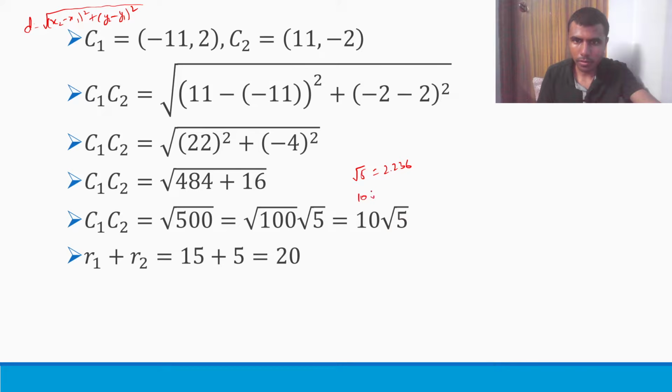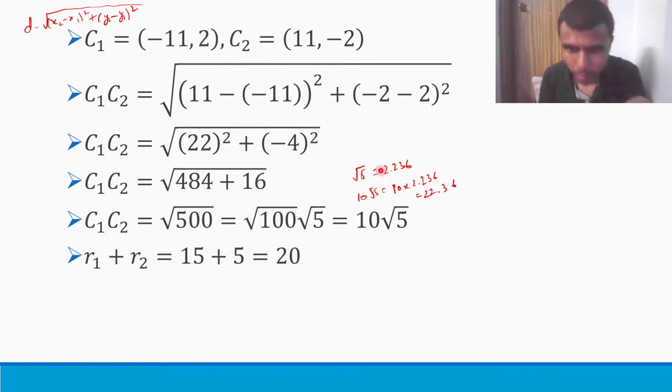So 10 root 5 is 10 into 2.236, which is nothing but 22.36. If I am not wrong, this is approximately 2.236. You can just check, but the principle is this.